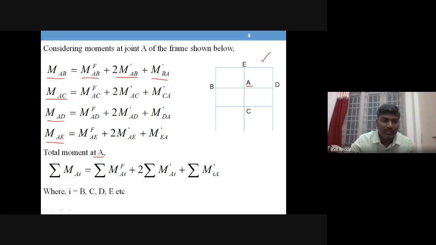So sigma M, actually MAB plus MAC plus MAD plus MAE.